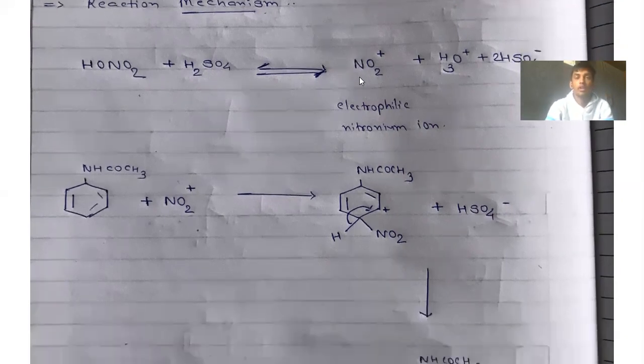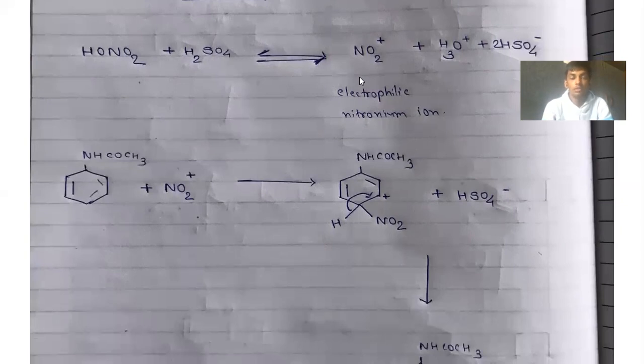Now this electrophile, nitronium ion NO2+, will react with the acetanilide in the second step. Acetanilide and the nitronium ion combine and produce para-nitroacetanilide and liberate sulfuric acid.